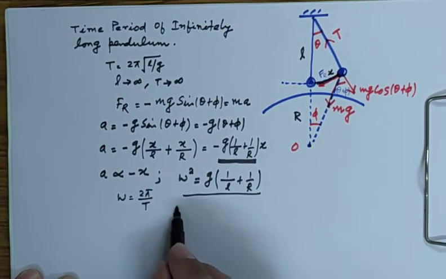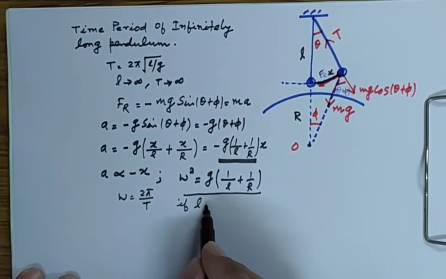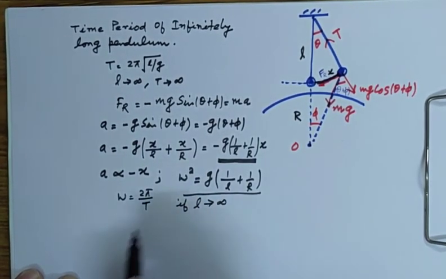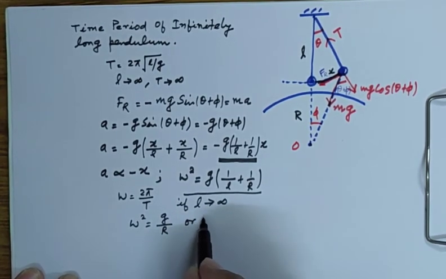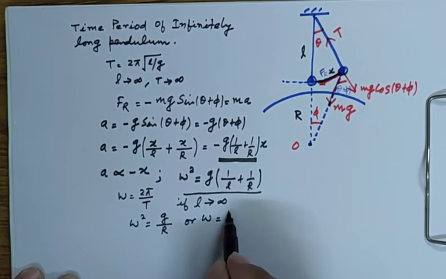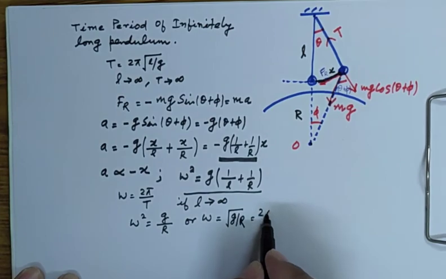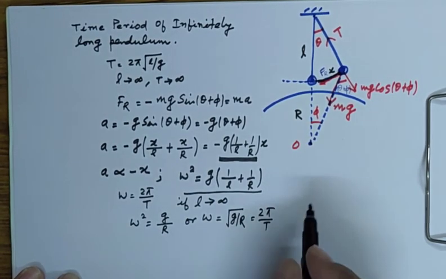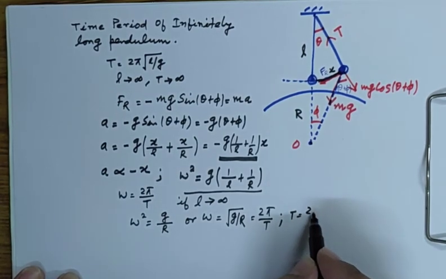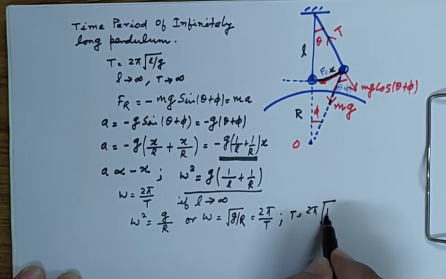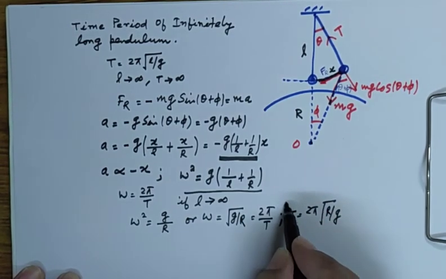From this equation, if L tends to infinity, then this term will become 0. So ω² becomes g by R, or ω is the square root of g by R. This ω is 2π by T. So from here the time period becomes 2π square root of R by g.